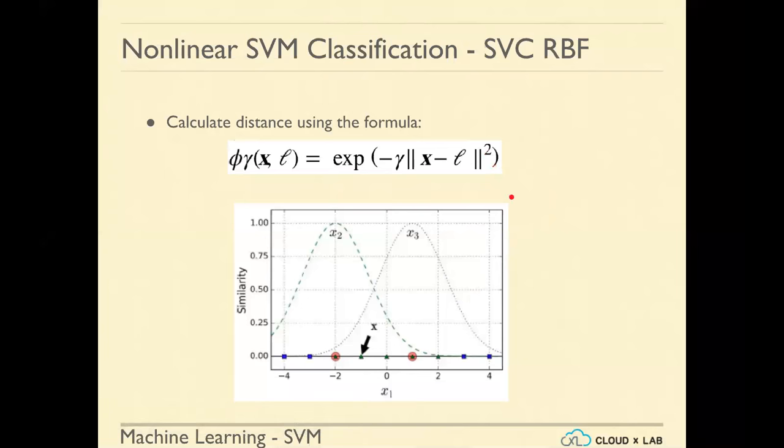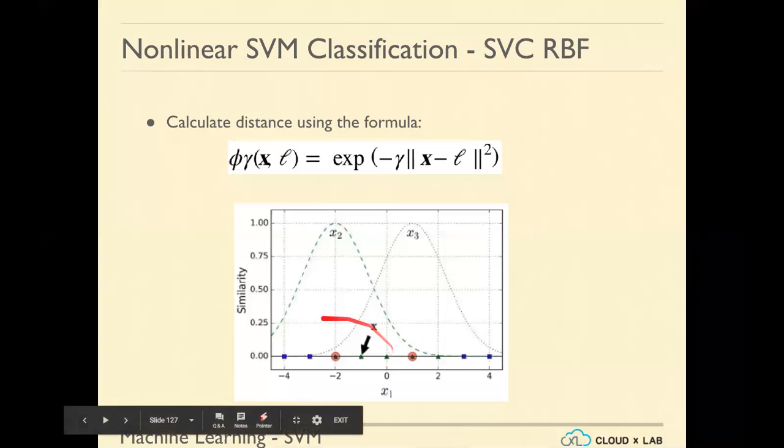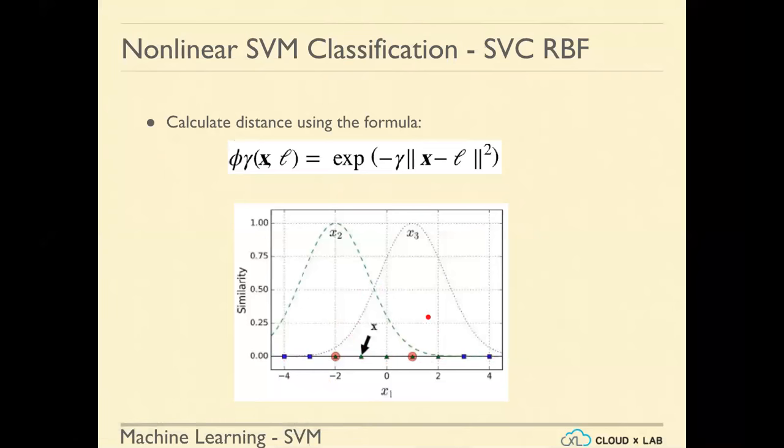You're right. Question from Noor is, you said we make every feature a landmark. Yes. Right now we are just adding two landmarks, but in practice we add one landmark with respect to each data point. So if there are m instances, the number of features added is also m. If there are 3000 records, 3000 features will be added.